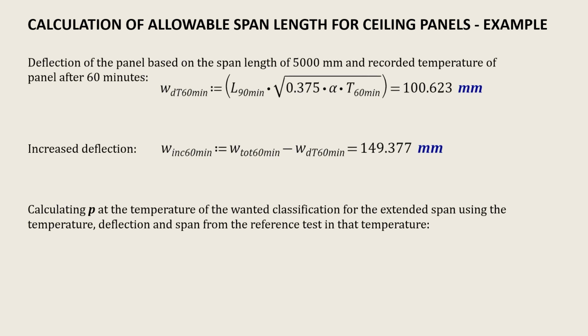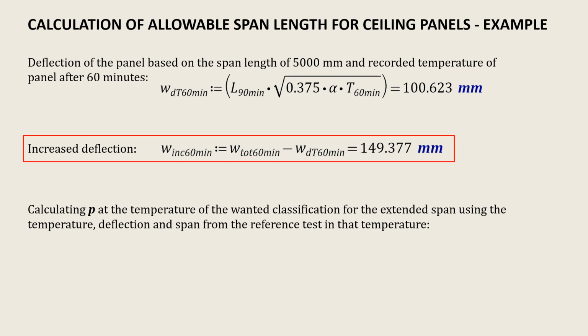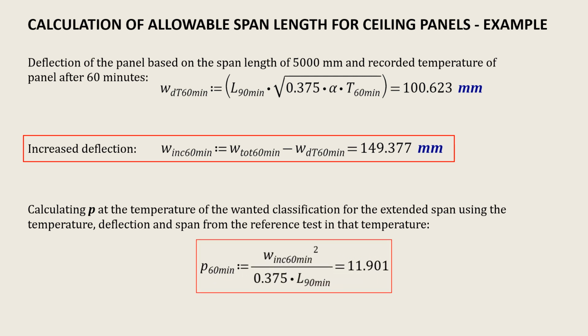First thing is calculating the deflection of the panel in the 60 minutes interval, which should be lower compared to the 90 minutes fire resistance test interval. After that, we find the P, which is a theoretical value for the relative end movement.